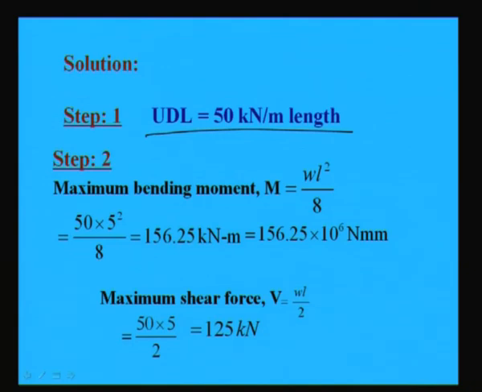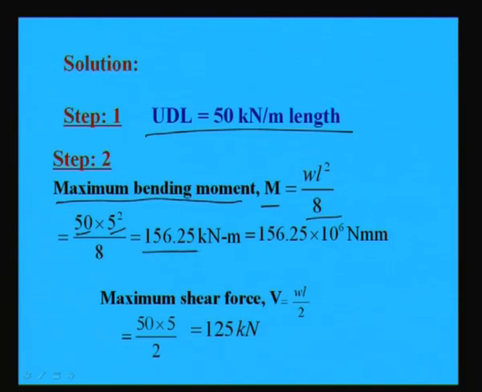Now, with this we can find out the maximum bending moment. Maximum bending moment for a simply supported beam will become M is equal to WL square by 8. Here W is 50 kilonewton per meter and length is 5.